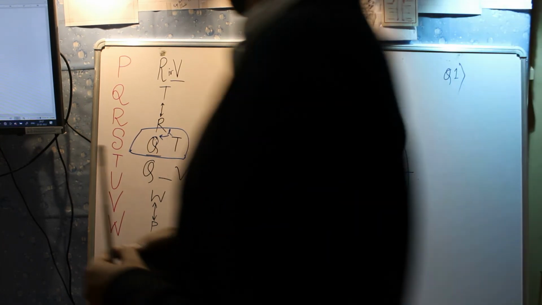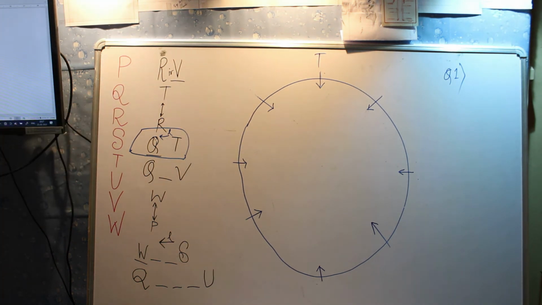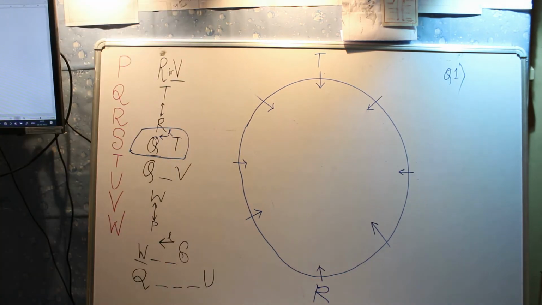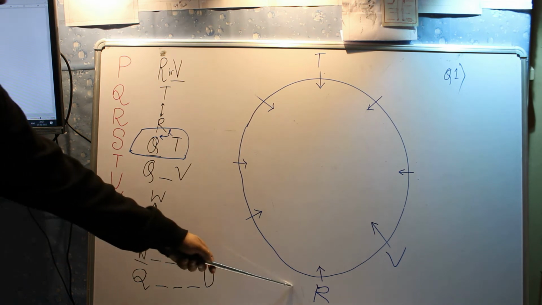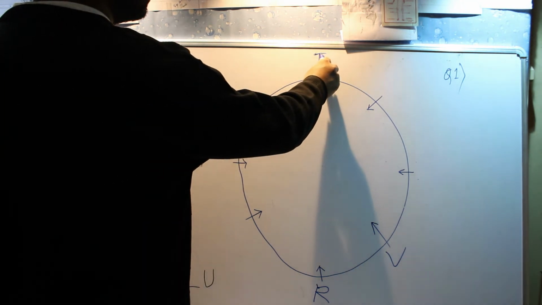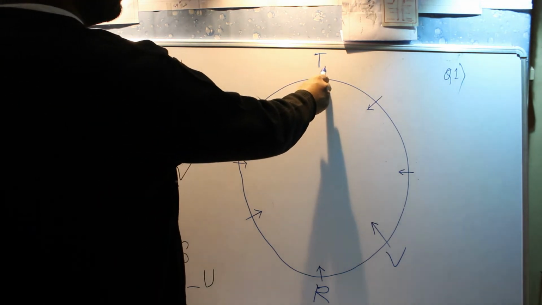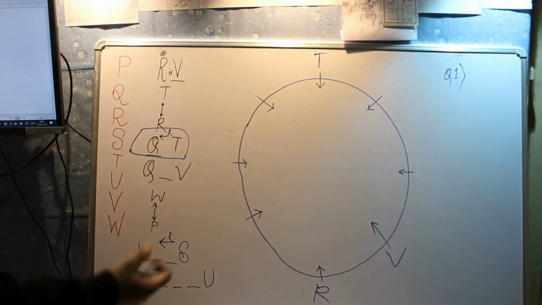The first statement which is given, V is immediate right of R. So if this is R, immediate right is V. V is sitting immediate right of R. T faces R. So if this is R, this is T. Okay. Q is to the left of T. So left of T, T is facing center, left of T is this side and right of T is this side. So left of T is Q.